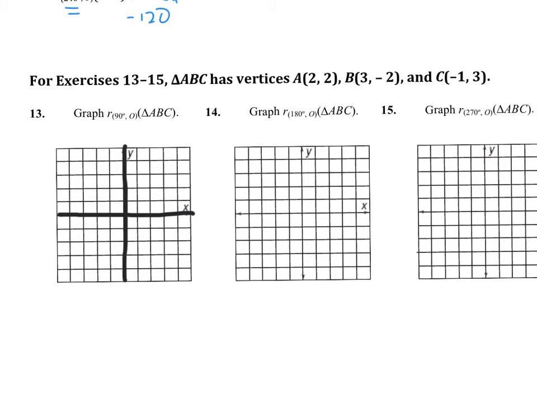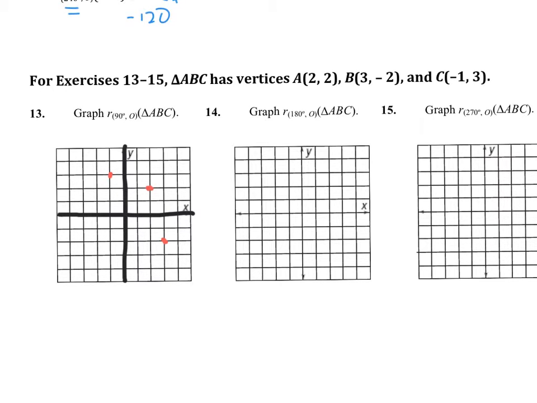So the crosshairs are right in the middle. All right, so A is 2, 2, so approximately there. And B, 3, negative 2, approximately there. And C is negative 1, positive 3, approximately there.